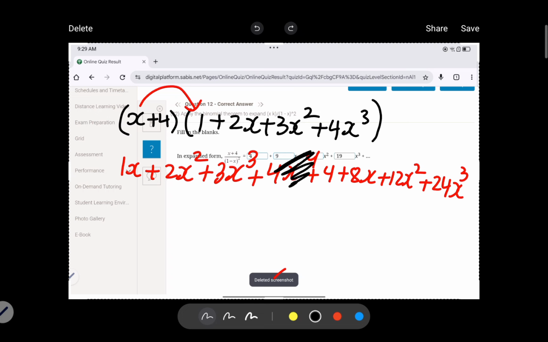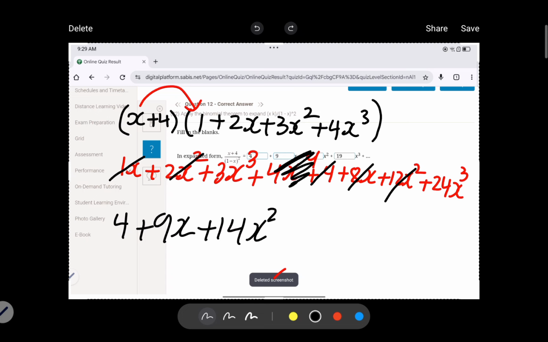So okay, now we find the like terms. Here we only have 4 by itself, so there are no other like terms. 4, so done with this. Then 1x plus 8x, so 9x. Then 2x plus 12x equals 14x squared, and 3x to the power of 3 plus 24x.